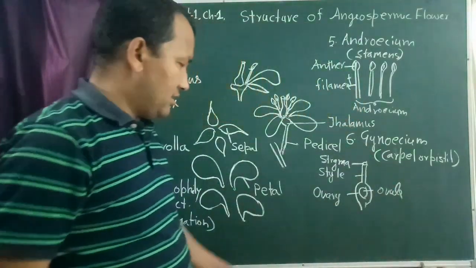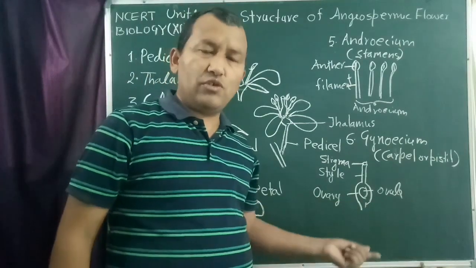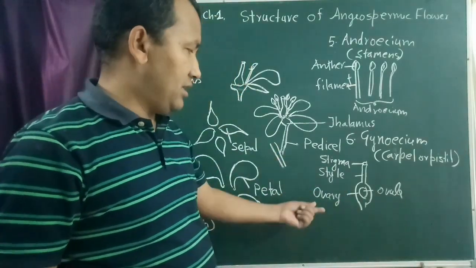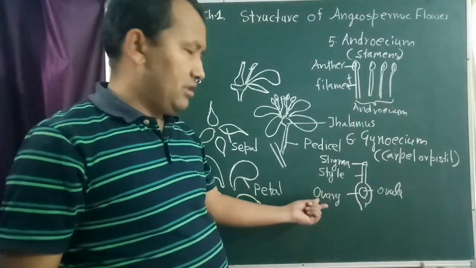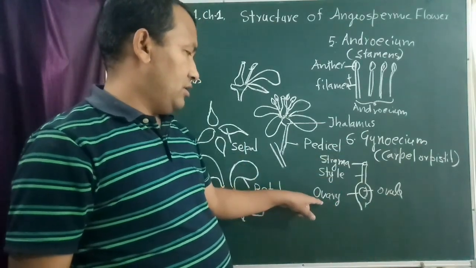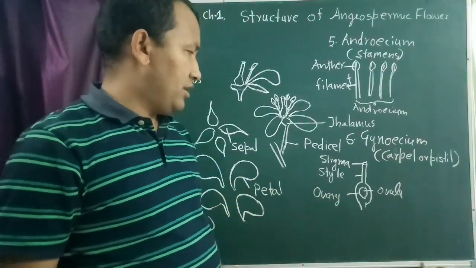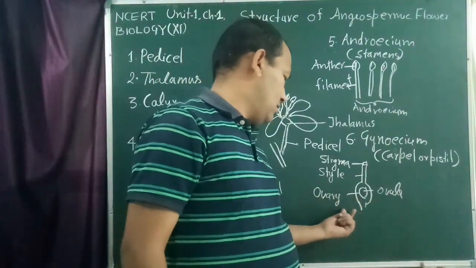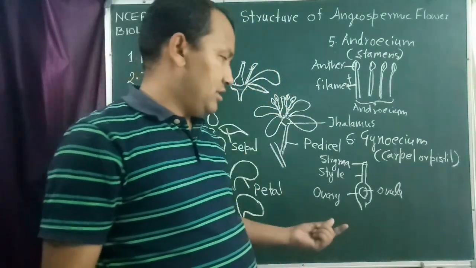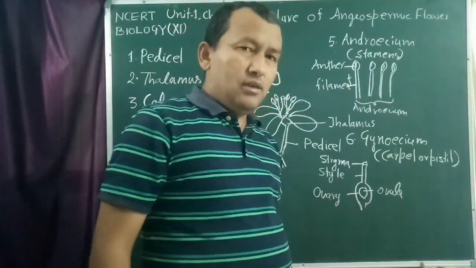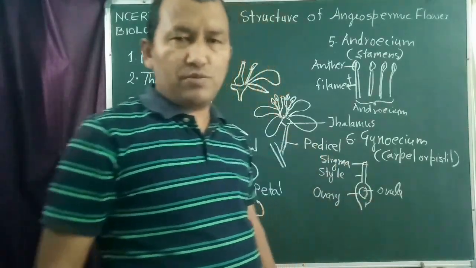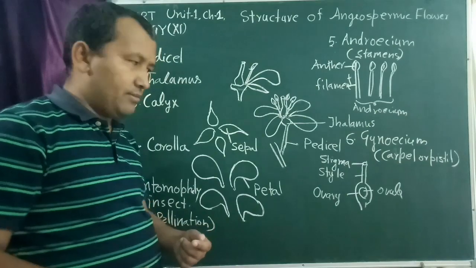What happens is that ovary changes into fruit. Fruit is nothing but a ripened ovary. When it becomes mature, it converts into fruit. And the ovule inside, when it converts, becomes seed, which is responsible for the next plant.